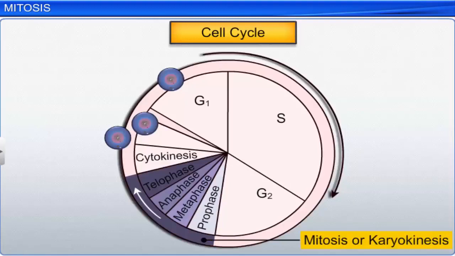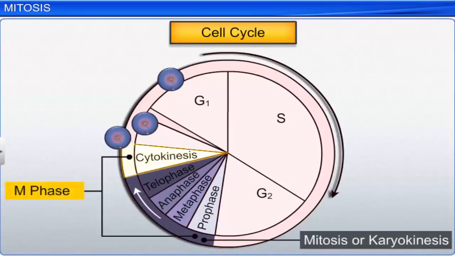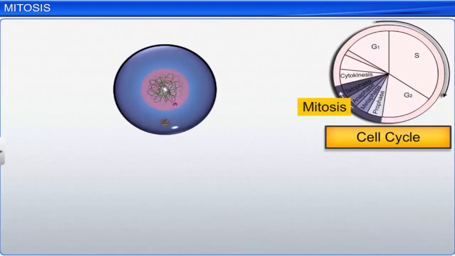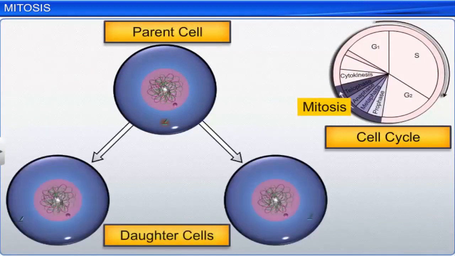Mitosis or karyokinesis, along with cytokinesis, defines the M phase or the mitosis phase of the cell cycle. During mitosis, the parent cell divides into two daughter cells, which are not only identical to each other but also to the parent cell.